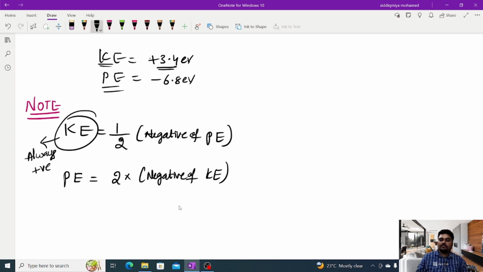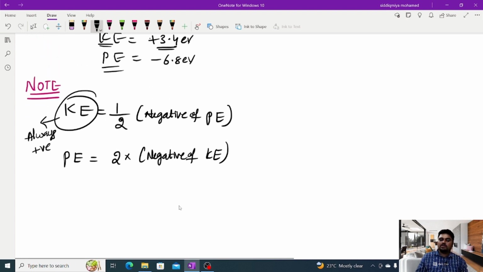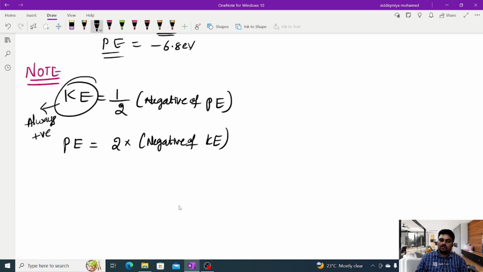Got it? Now the total energy is equal to the negative of kinetic energy.